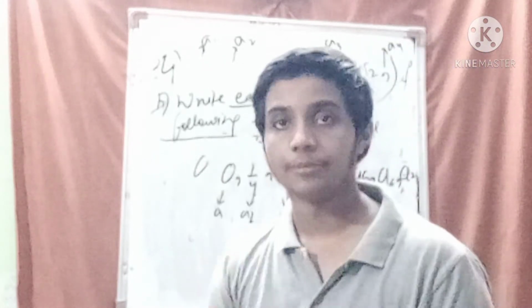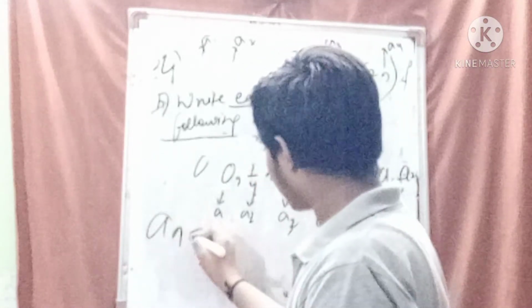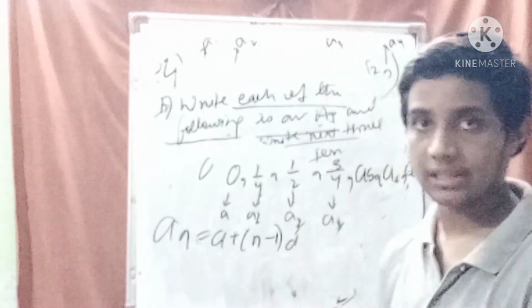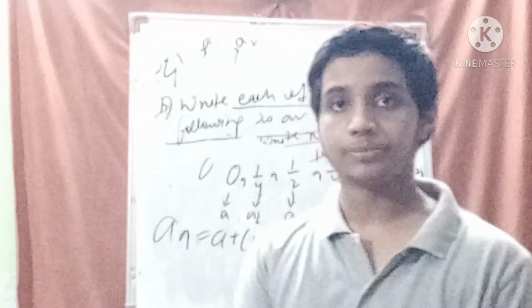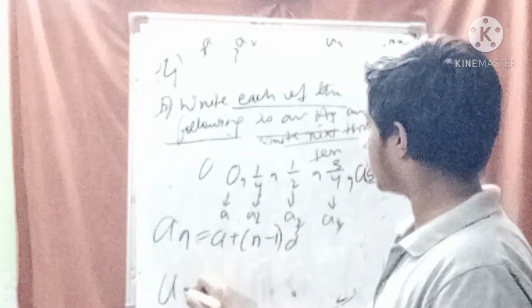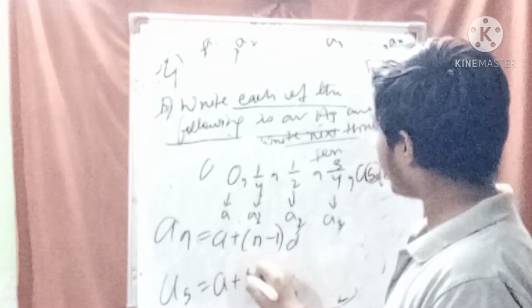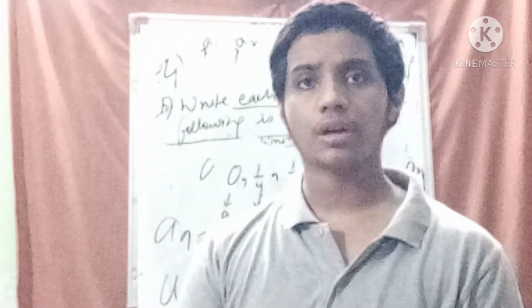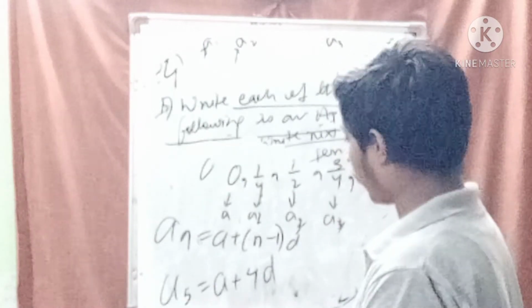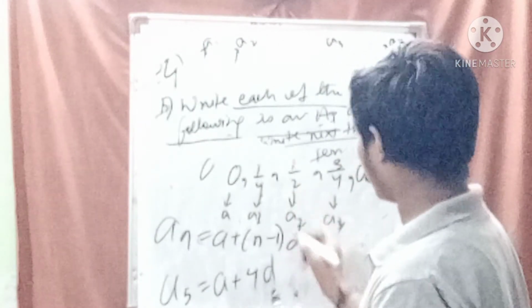What is the formula? An is equal to A plus n minus 1 into D. Yes or no? An is equal to A plus n minus 1 into D. So we have to find A5. A5 is equal to A plus 4D, since 5 minus 1 is 4. Here A is 0.